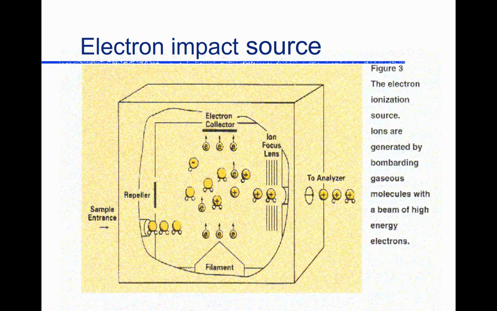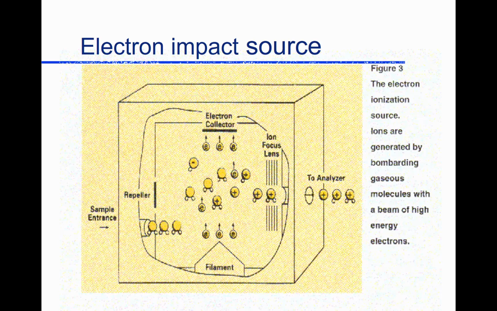So we've got a constant flow of electrons coming across the path where our compound elutes. As our compounds come through here, they get hit by electrons and, like I say, explode into pieces. So we have positive fragments, negative and neutral.